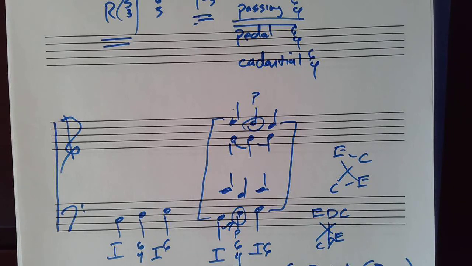And now I can take the soprano and bass. Okay. Voice exchange with the passing note, and I add in the inner voices. Okay. Perfect. Beautiful, right? This could also go the other way.